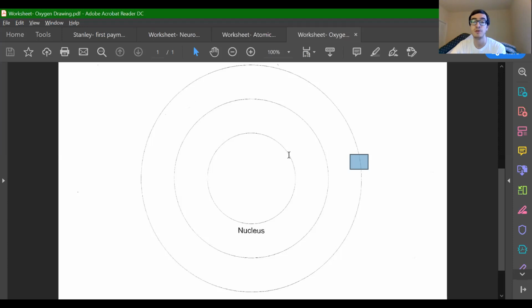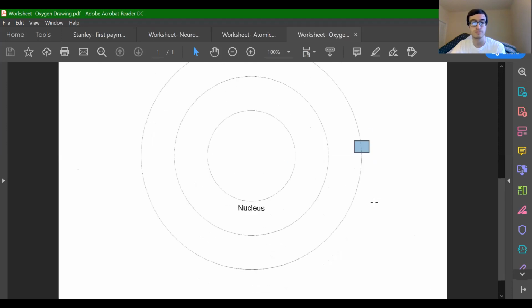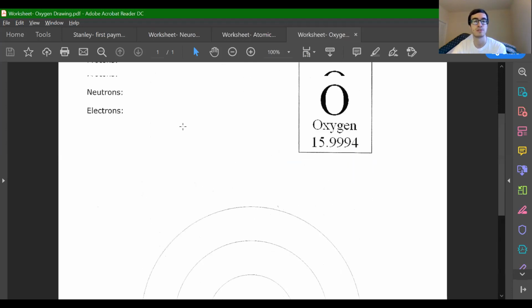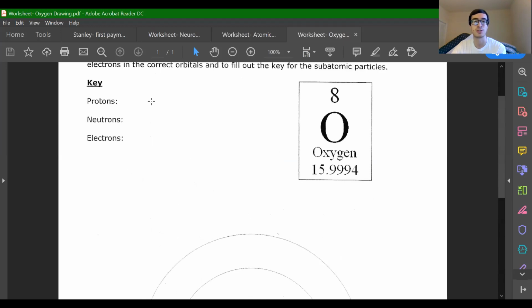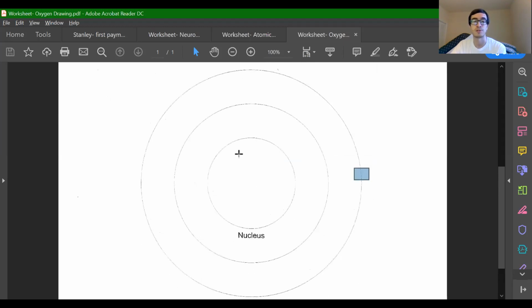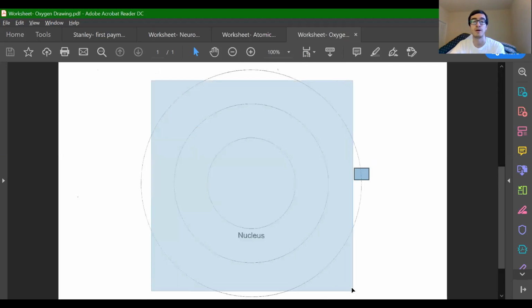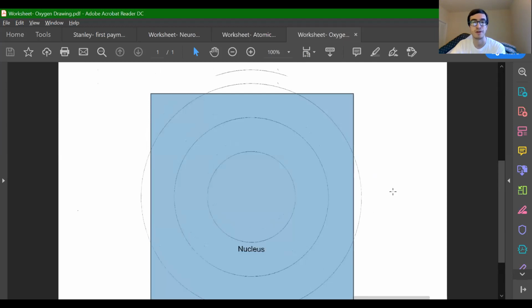So up to 2 electrons on the first ring, up to 8 electrons on the second ring, and then if you still need some more, up to 8 electrons on the third ring. All right, so number of protons, neutrons, and electrons, and then a representation of how many neutrons, protons, and electrons there are in our overall atom of oxygen down here.